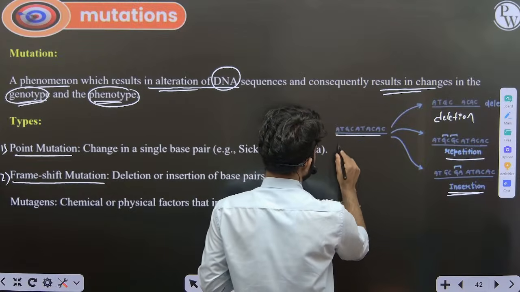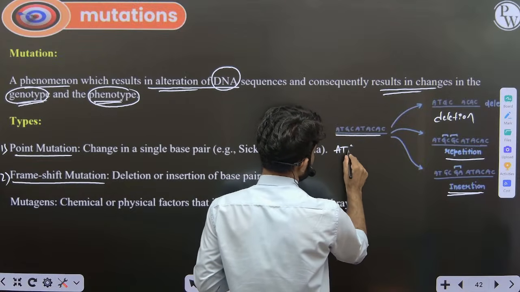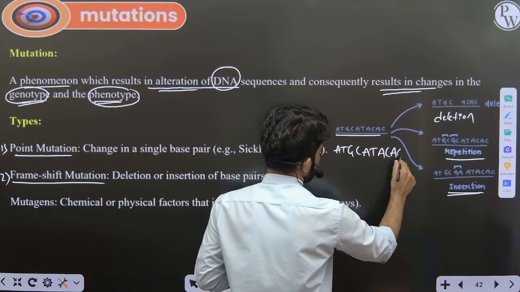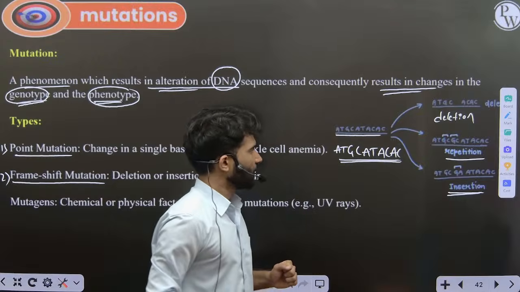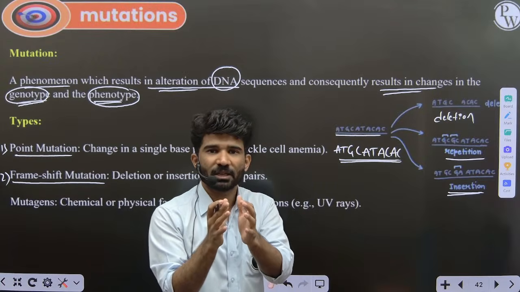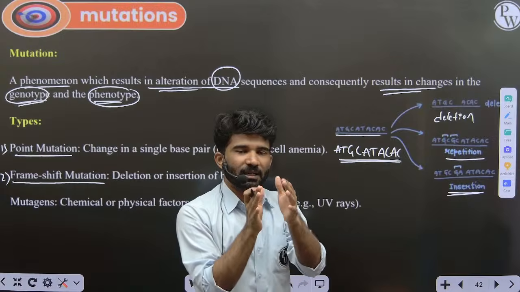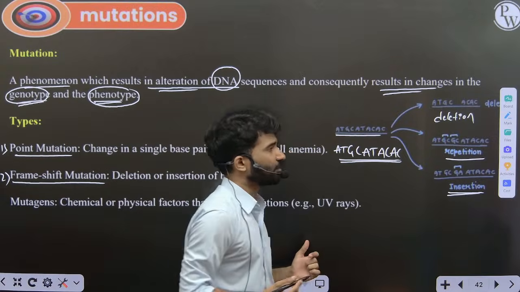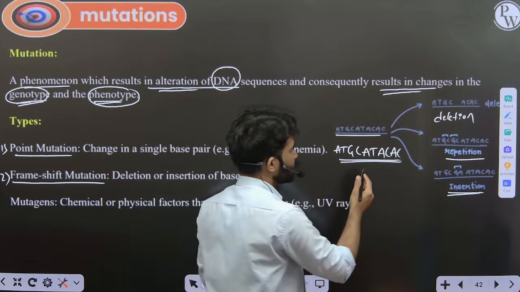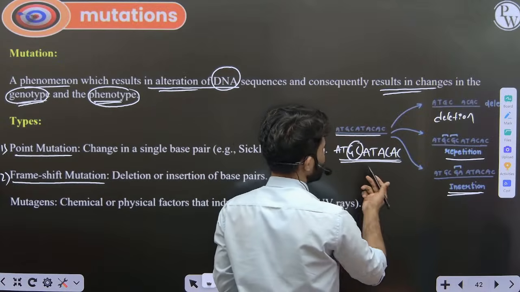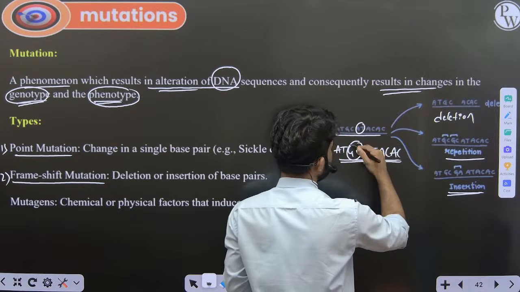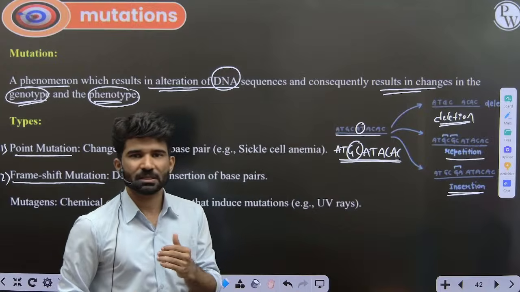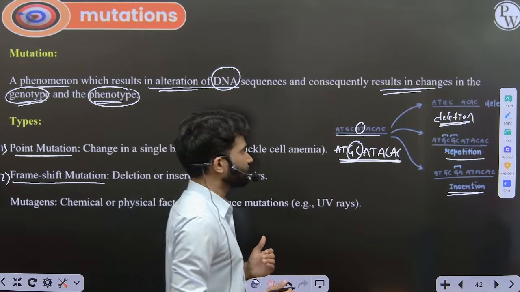In deletion, some of the nucleotides are deleted from the segment of DNA. Here, this part GC has been deleted, or AT has been deleted. That is called deletion, and it also causes changes in the DNA.